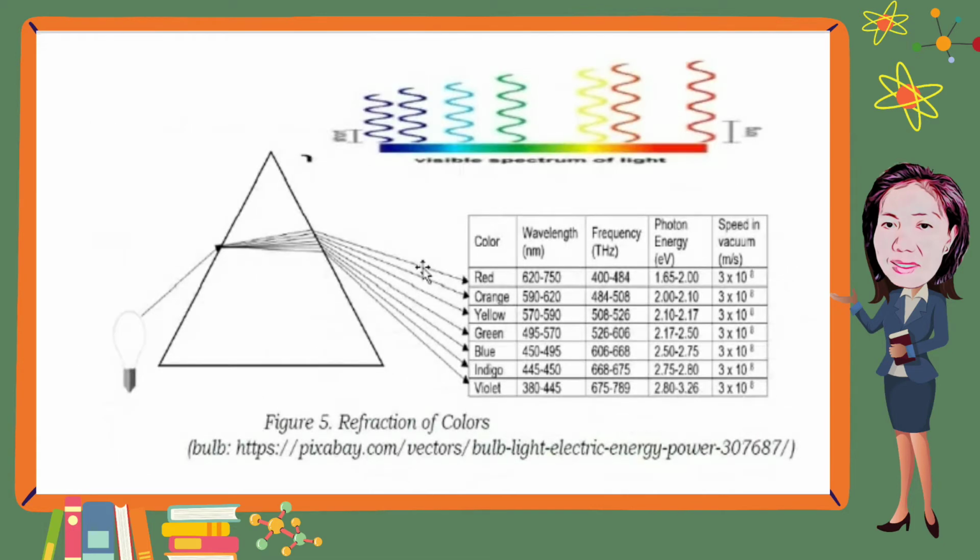So in this table, we can see that red, ang mga wavelength niya is 620 to 750 nanometer nm. Okay? Whereas ang violet, the exact wavelength of purple or violet is 380 to 445.